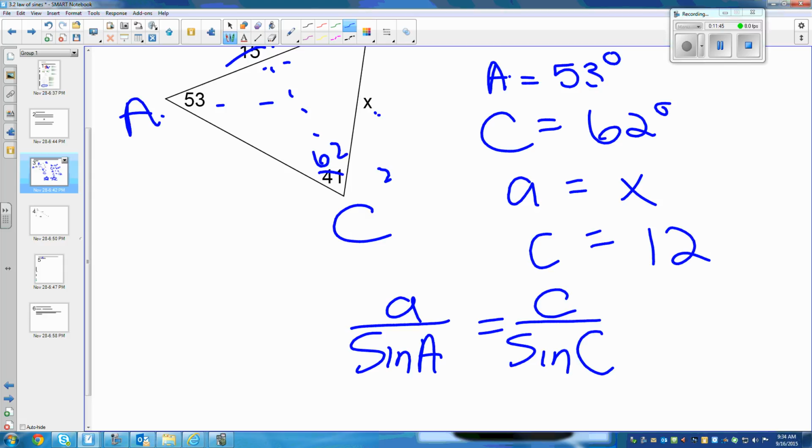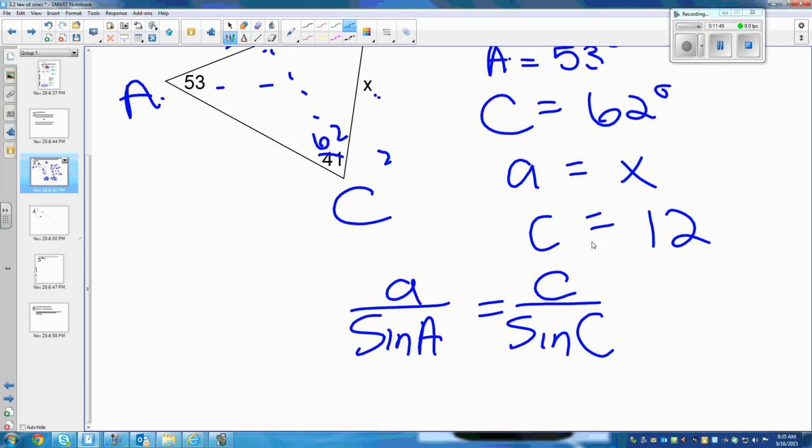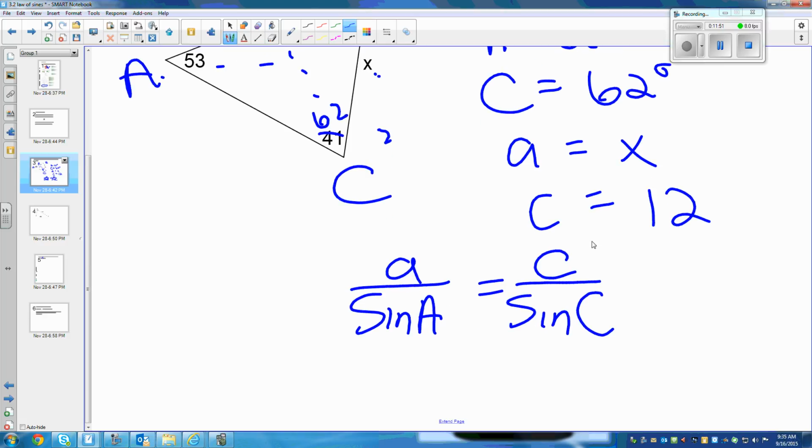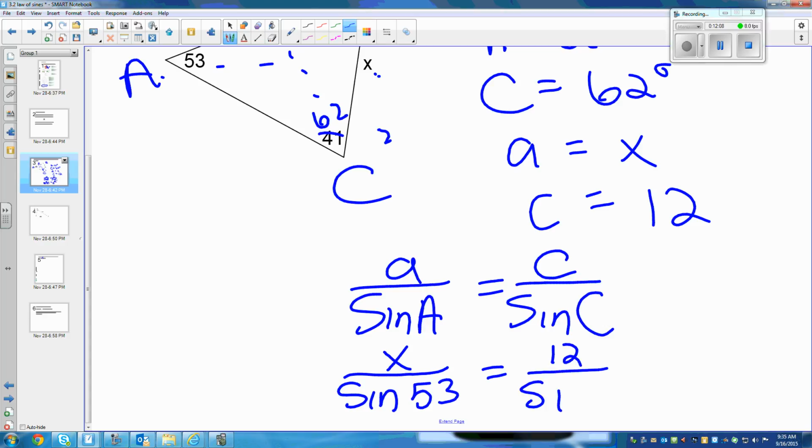Then you fill in. So what goes in for side A? And what's the angle of A? Sine of 53 is equal to side length C, which is 12 over the sine of 62. Okay?